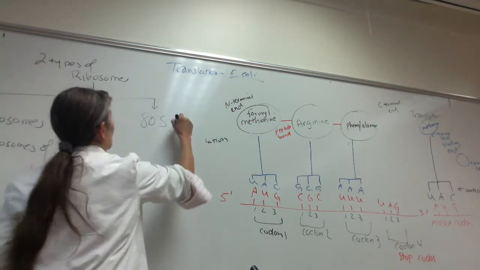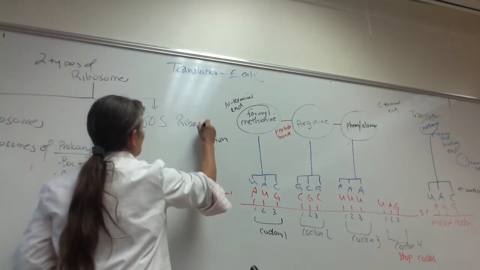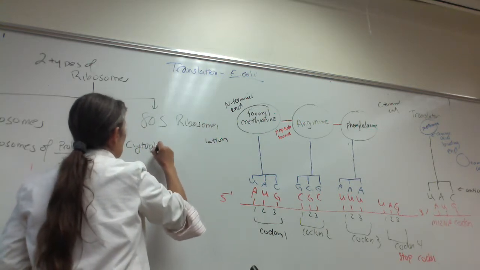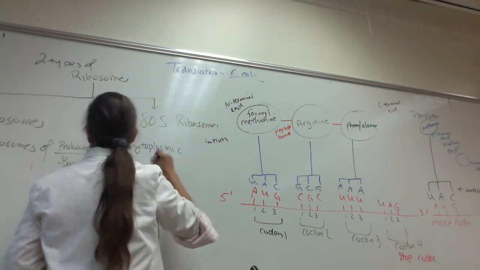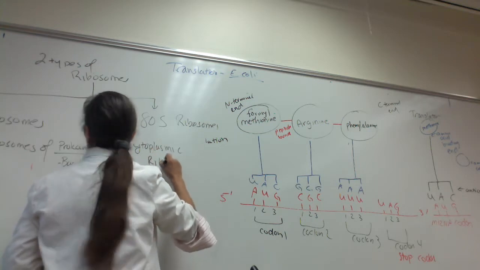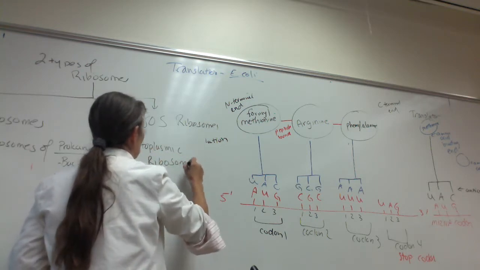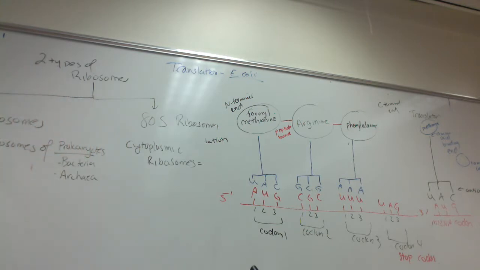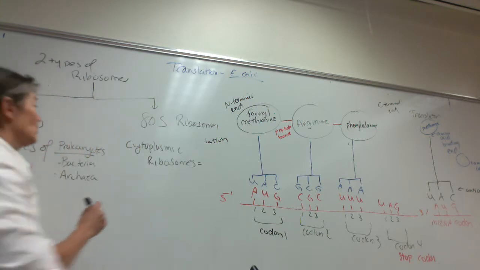Now again, if we're talking about cytoplasmic ribosomes, which group of organisms have 80S ribosomes? All eukaryotes, right?